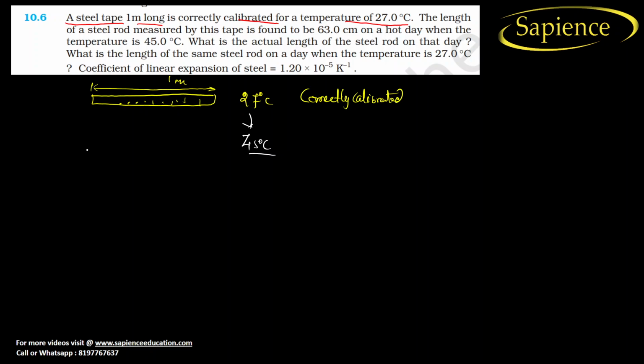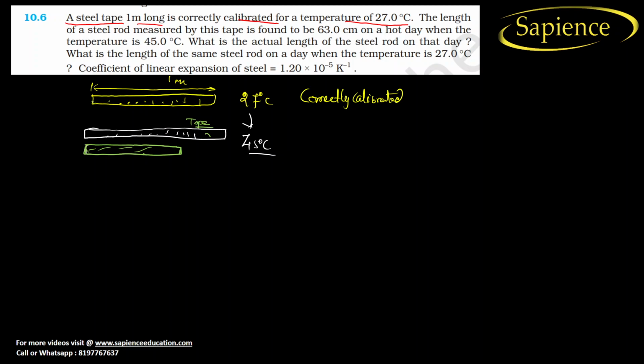This 1 meter long tape will become larger, and at this time if you want to find the length of the rod, let us suppose there is a rod, and if I measure with this measuring tape at 45 degrees Celsius, it is the extended form.